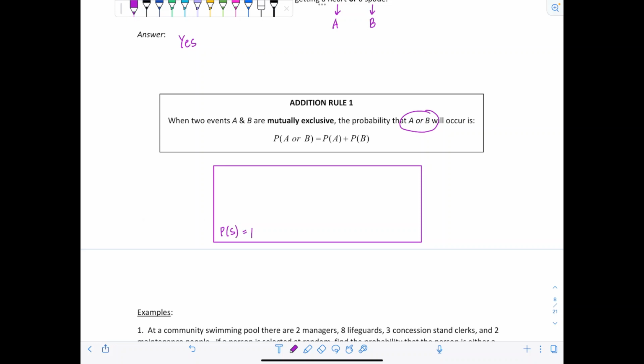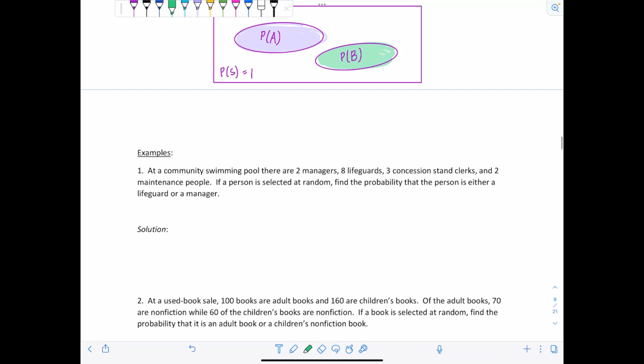And here I'm going to have like event A, and we just said that it's mutually exclusive with event B, so there's no overlap. So if you want the probability of A or B, then you take the probability of A and you add it to the probability of B. So you're going to take this plus this.